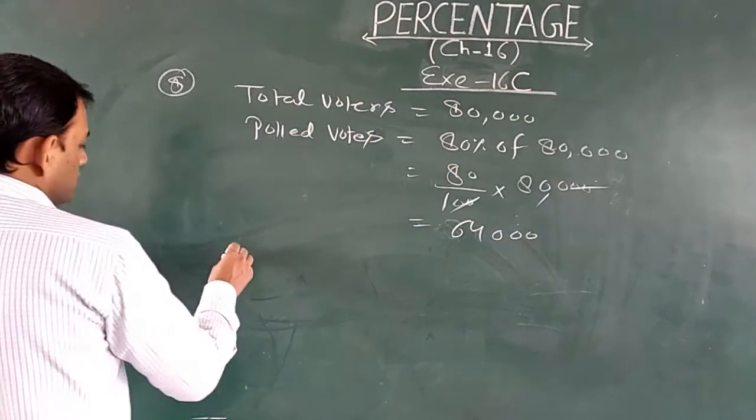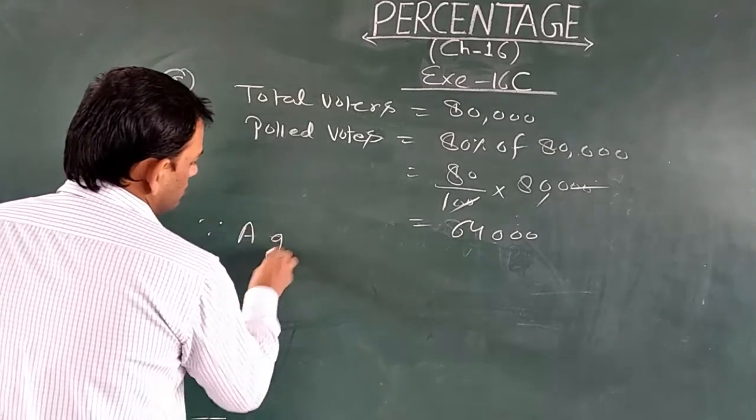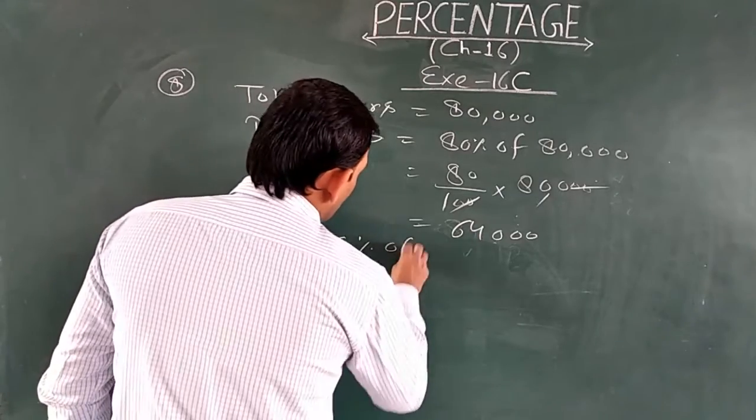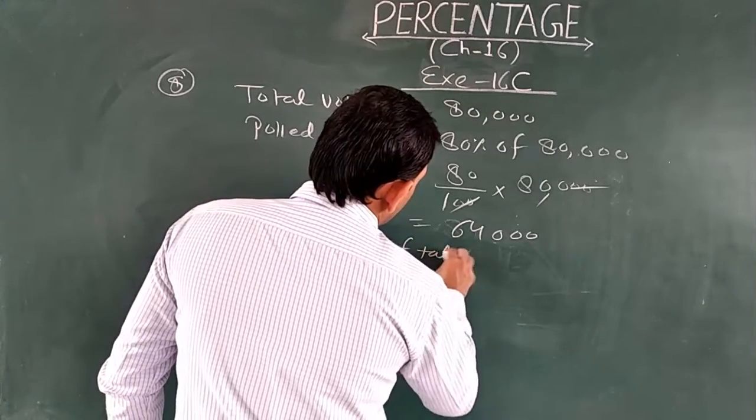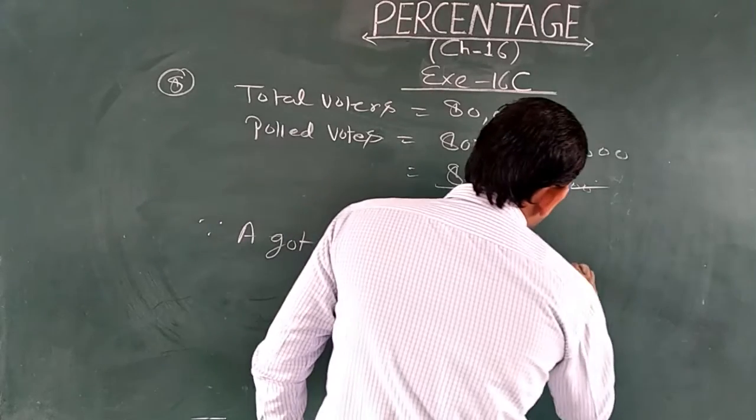Got it? So, because A got 60% of total polled votes.